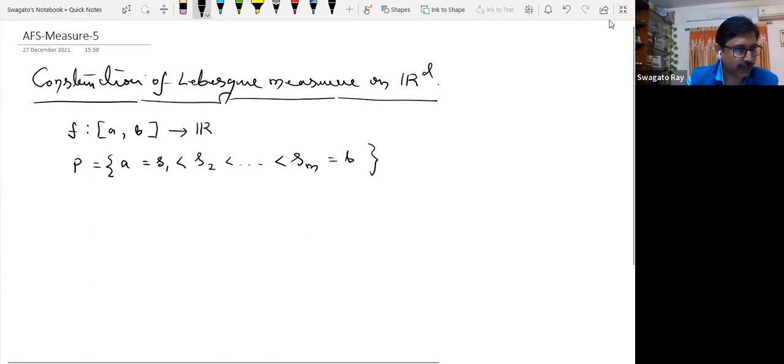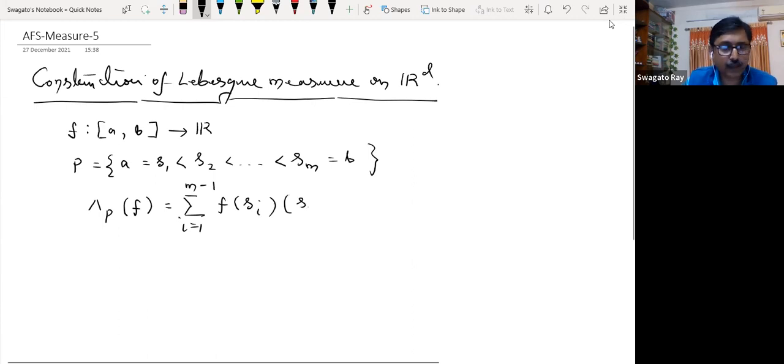Given this partition, I can define a positive linear functional, and I'm sure you will recognize it. I call it Lambda_P. Lambda_P of f is simply defined as the summation over i from 1 to n minus 1 of f at s_i, times s_{i+1} minus s_i.